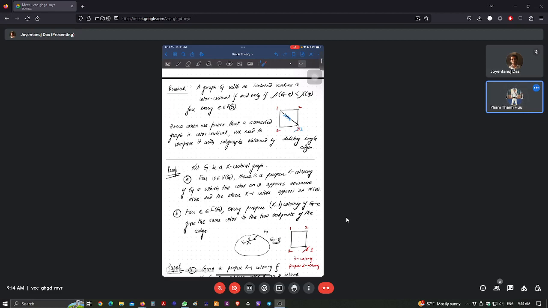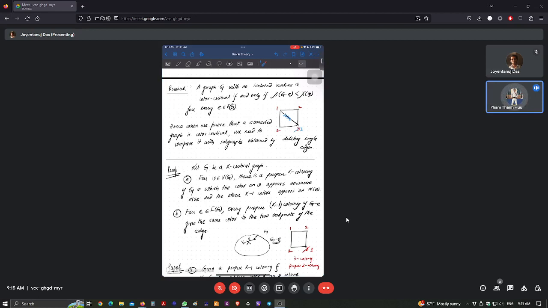Less than. So it is critical, right? When we delete an edge, the chromatic number decreases.